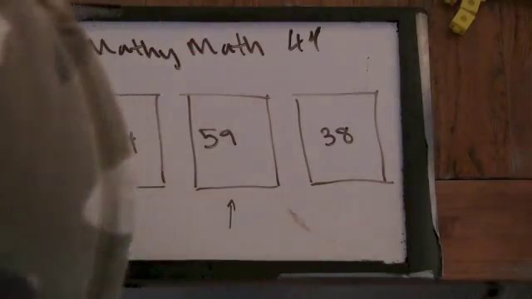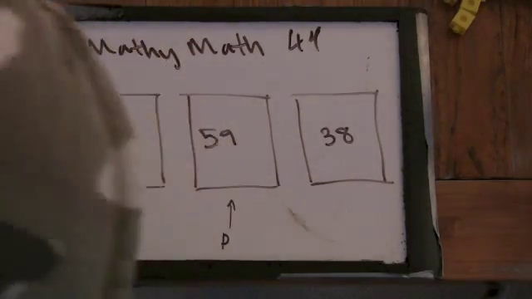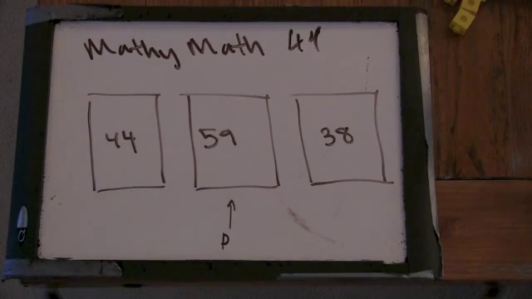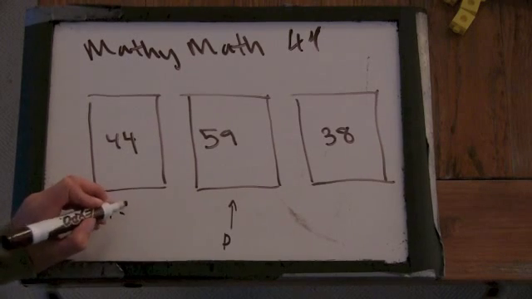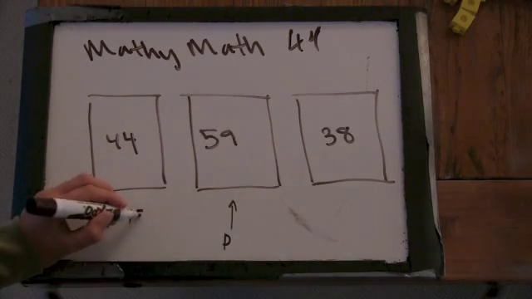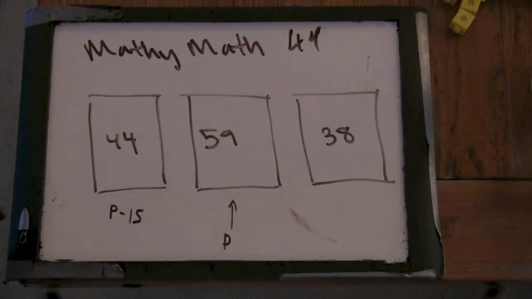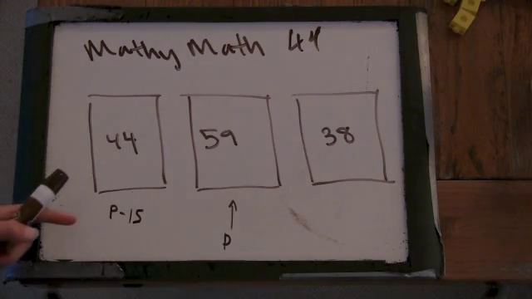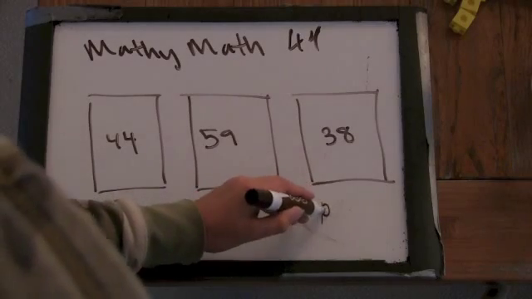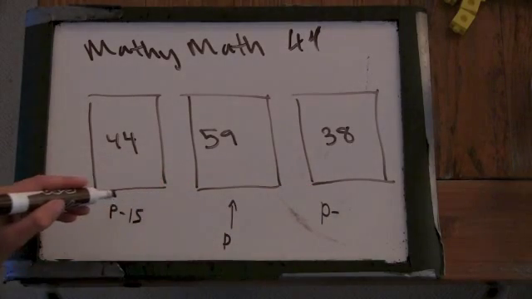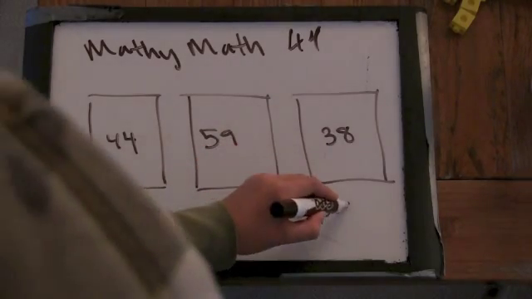Then the number on the back of this card is P minus 15. Number on the back of this card is P minus 21.